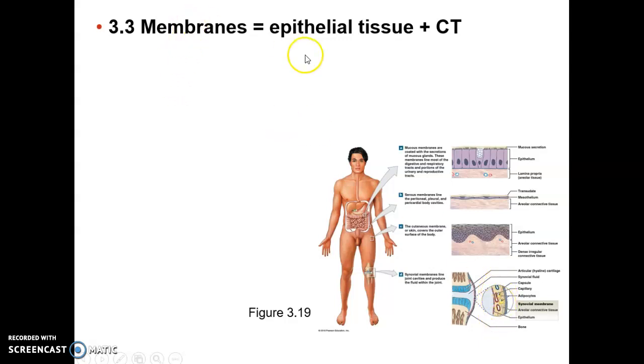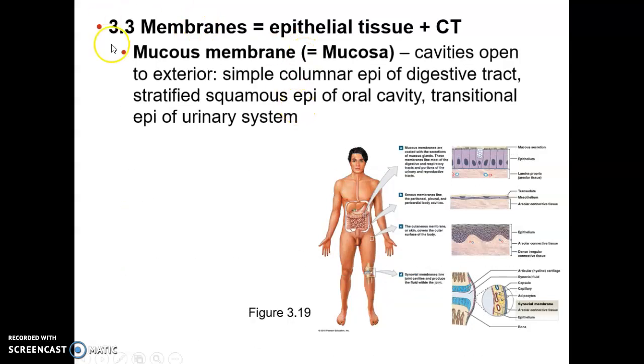So with a membrane, there's an epithelial tissue and a connective tissue. So a mucous membrane, or a mucosa, these line the cavities open to the exterior. Think of inside your mouth or inside your nose. Simple columnar epithelium of the digestive tract, for example. Stratified squamous epithelium in the oral cavity, and stratified there to give extra protection.